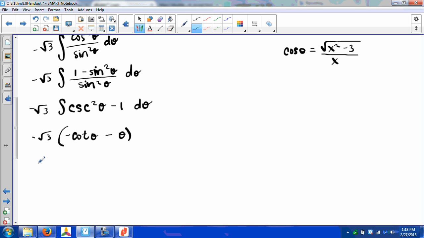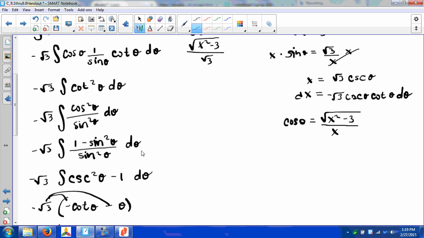So distribute that in. And I get root 3 times the cotangent, which is root x squared minus 3 over root 3, plus root 3 theta. Okay.